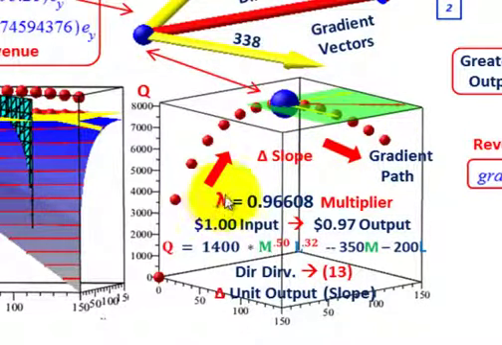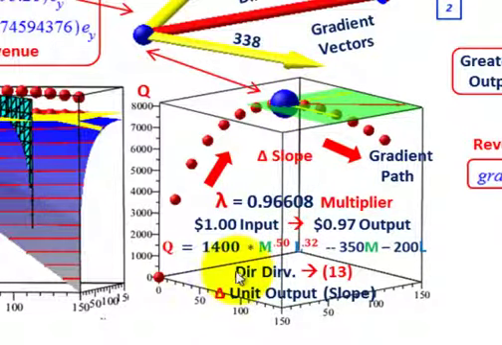We'll be reducing our profits based on our equation here. And just looking at that Lagrangian multiplier, this lambda, we calculated that to be 0.96608. What it's really saying is that a dollar input to our production function, where I'm showing revenue and cost, is only giving us approximately 97 cents in output. So we're really not gaining anything. We're losing about 3 cents on each dollar that we input just by trying to increase our production based on our production equation.